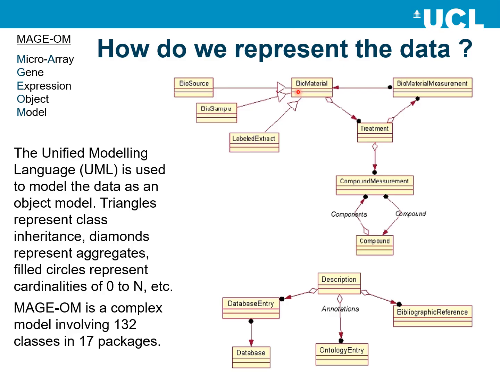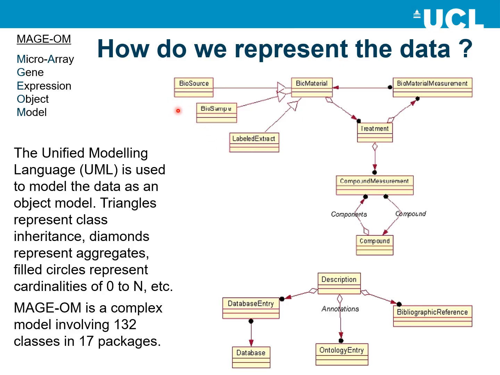So they had relationships such as biomaterial and their inheritance relationships with biosource, biosample, and labeled extract, which are all types of biomaterial. The relationship here is that biosource is a source of biological material, and once you've got a sample of that, it becomes a biosample, and once it's labeled by, say, red or green dye, it becomes a labeled extract.